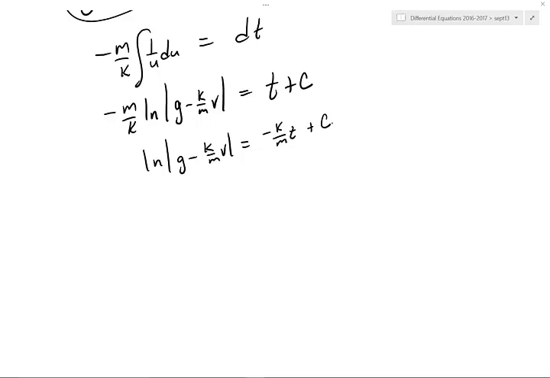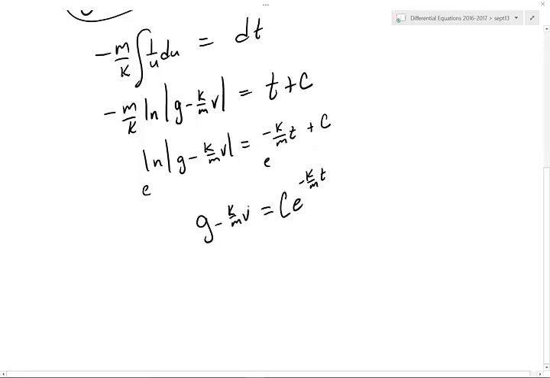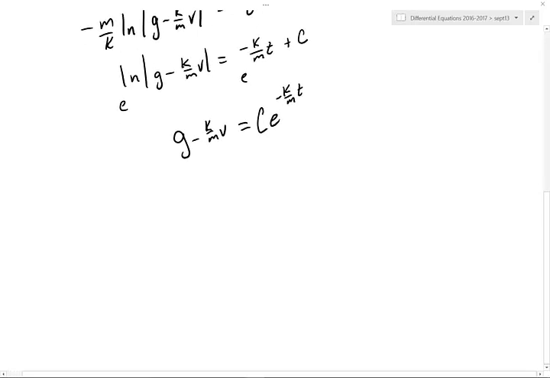That's my prerogative. I'm going to exponentiate both sides, so I get c e to the minus k over m t equals g minus k over m v. So g minus c e to the minus k over m t equals k over m v.